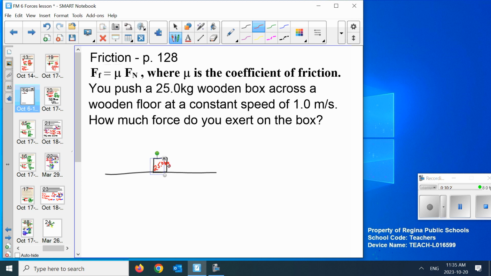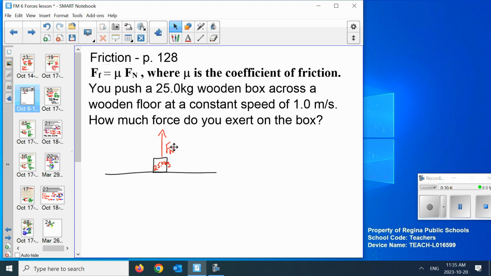It doesn't matter. Anyway. So we know as a given that there's a normal force pushing up on the floor. Now I'm going to move that.